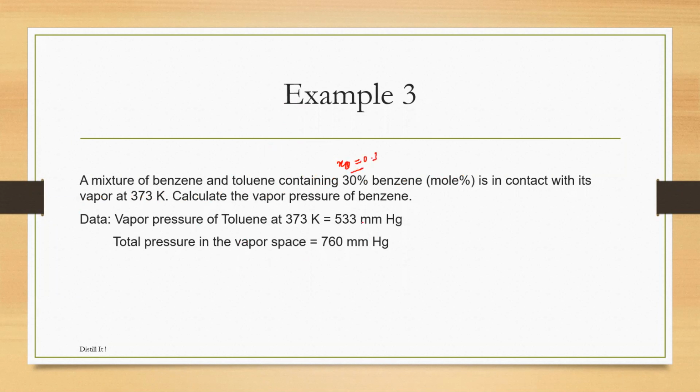All right, calculate the vapor pressure of benzene. We have to calculate P naught B. And they have given us data about toluene and the total pressure in the vapor space. All right.